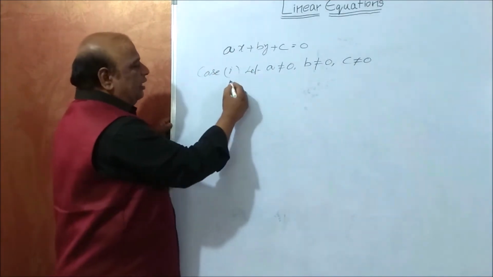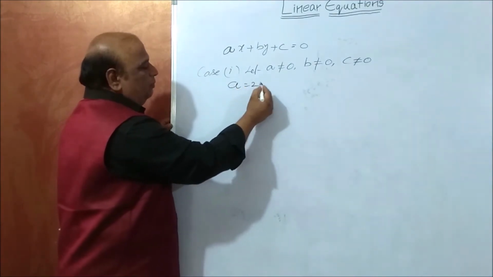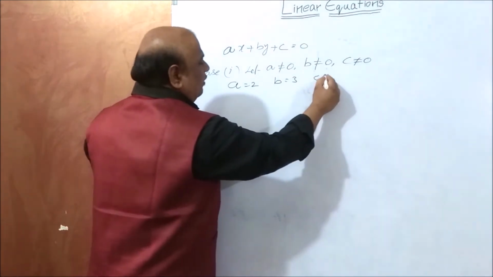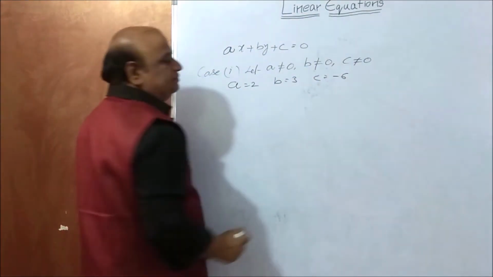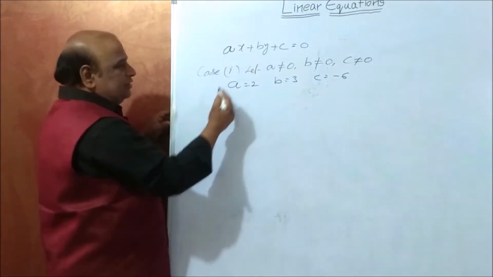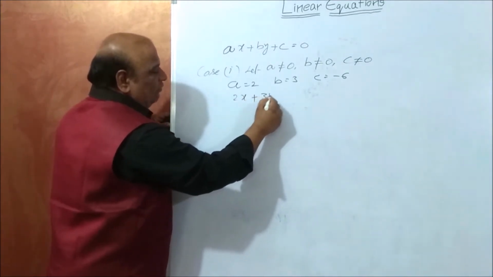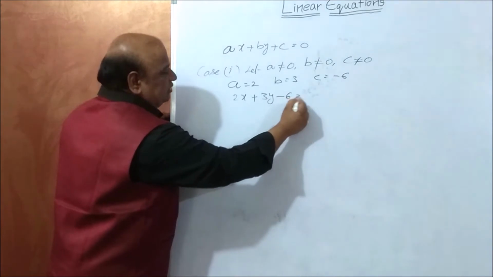Suppose I am taking a is equal to 2, b is equal to 3 and c is equal to minus 6. Now the equation is 2x plus 3y minus 6 is equal to 0.